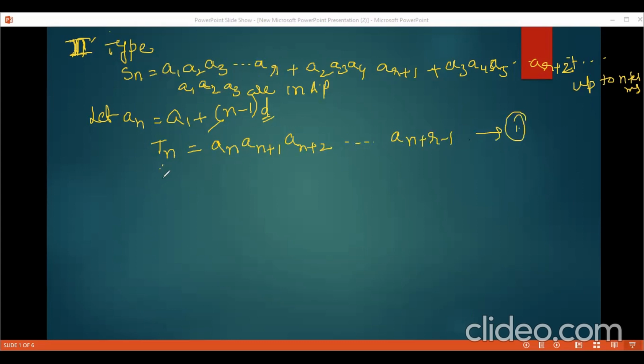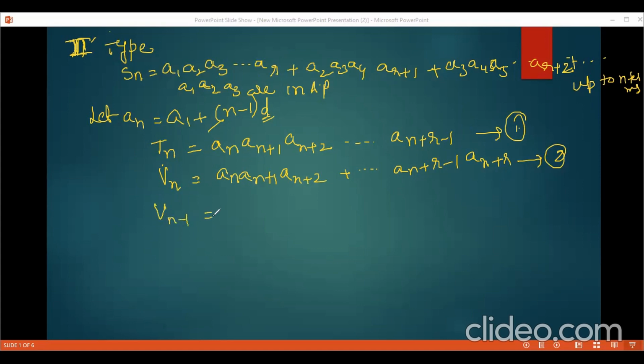And Vn, how do we write Vn? an plus 1, an plus 2, plus so on, an plus r minus 1 into an plus r. This is equation 2.